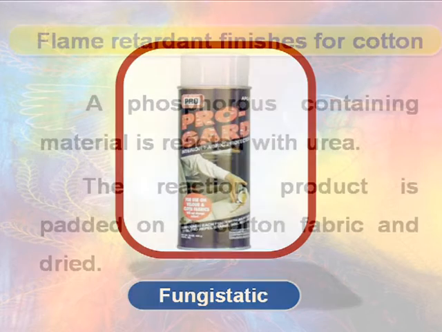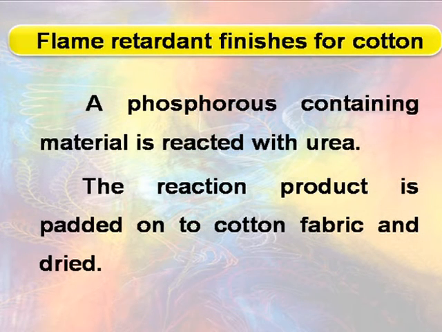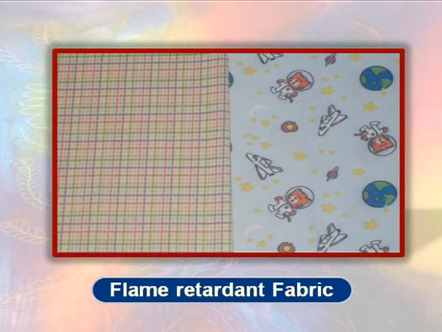Flame retardant finishes for cotton. A phosphorus containing material is reacted with urea. The reaction product is padded onto cotton fabric and dried. The fabric is then reacted with ammonia and finally oxidized with hydrogen peroxide.